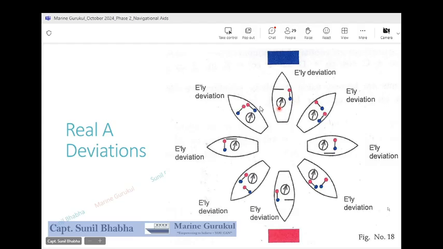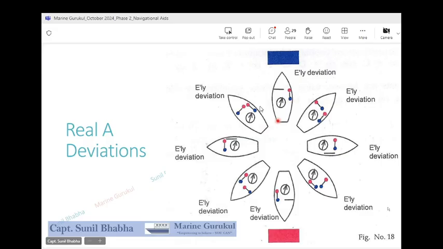And in each of these headings, we are going to analyze how these horizontal soft iron structures, an unsymmetrical pair of horizontal soft iron structures, generate the deviation which does not change. So we will first try to understand how these structures affect our ship, and second we will try to see how this effect remains the same irrespective of the heading of the ship.